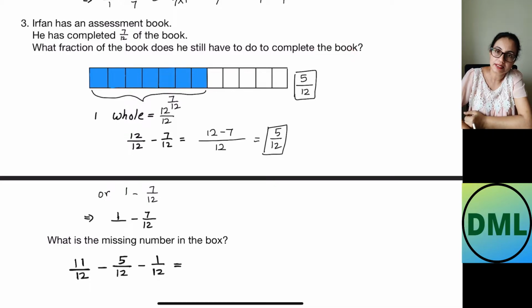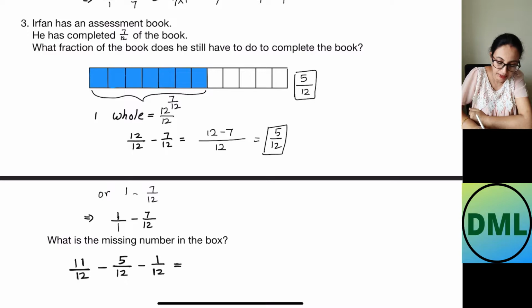Let's understand this with a different method also. So one whole. From one whole, you have to subtract 7 by 12. As you can see, I have written 1 minus 7 by 12. I can't do this subtraction unless I make this 1 have the denominator 12. So below 1, what is the number? Below 1, the number is 1.